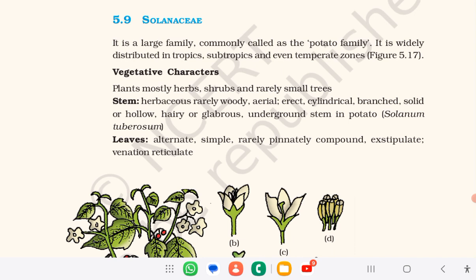Stem: herbaceous, rarely woody, aerial, erect, cylindrical, branched, solid or hollow, hairy or glabrous. Underground stem in potato, Solanum tuberosum. Number two, leaves: alternate, simple, rarely pinnately compound, exstipulate, venation reticulate.